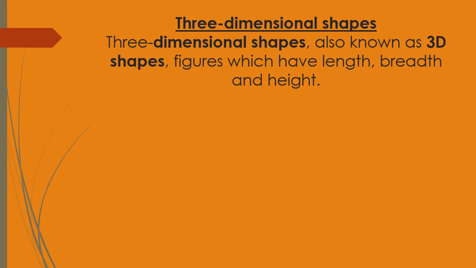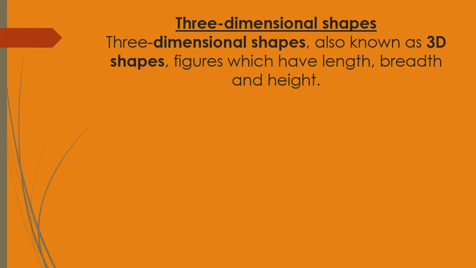Now we have just studied about 2D figures. Now we are going to study about 3D figures. 3D shapes or figures are also known as three-dimensional shapes. Figures which have length, breadth and height.